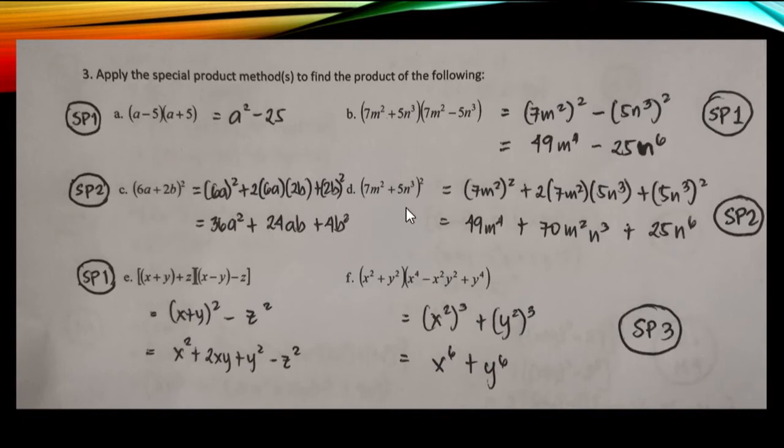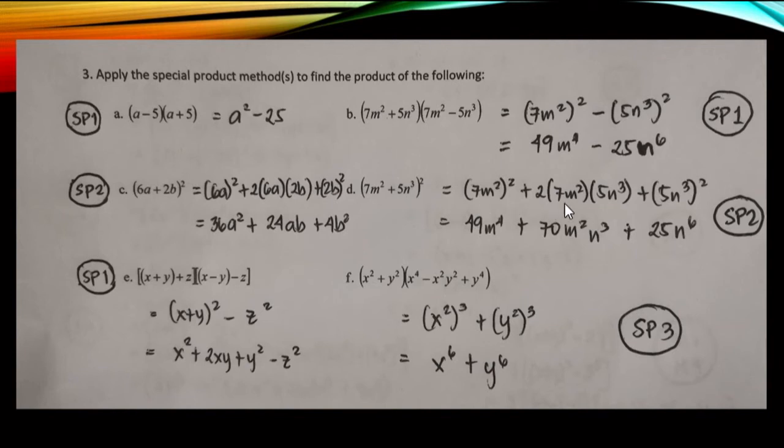Okay, we use the special product 2. Same as sa atong D, special product 2 gihapon. So, 7m squared plus mn cubed quantity squared. So, this is square of a binomial. Ang resulta is perfect square trinomial. So, we square the first term, which is 7m squared, and then plus 2 times the first times the second term.